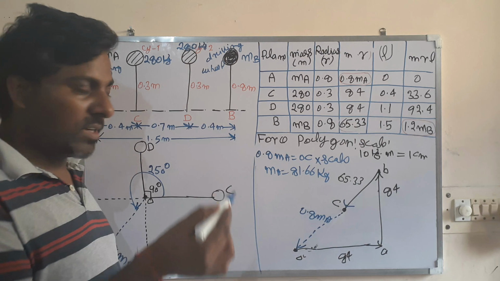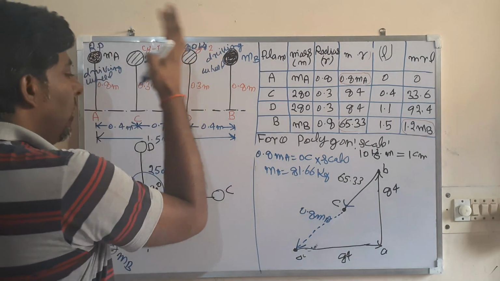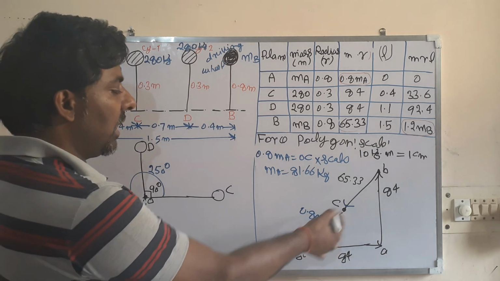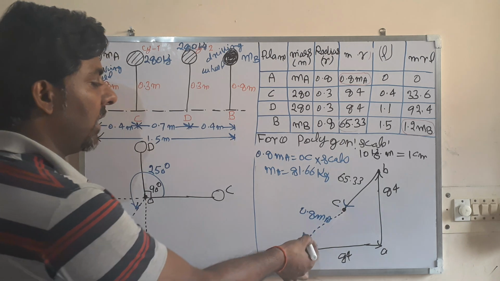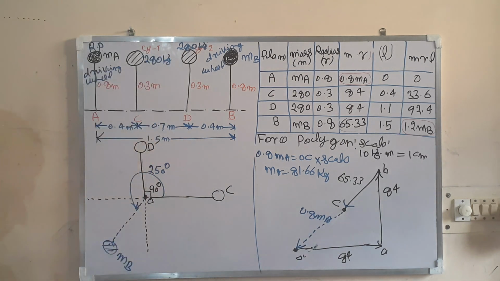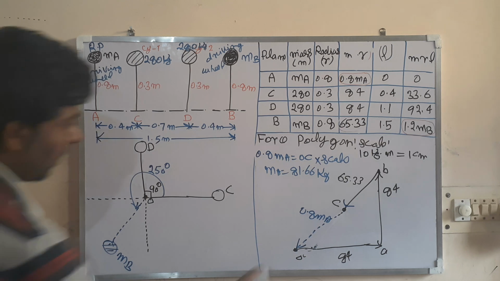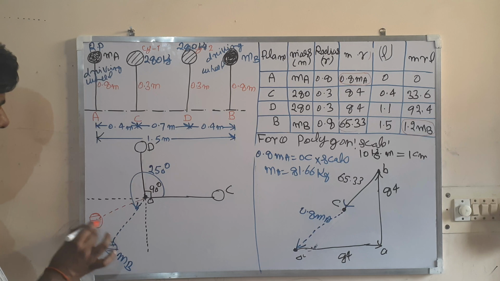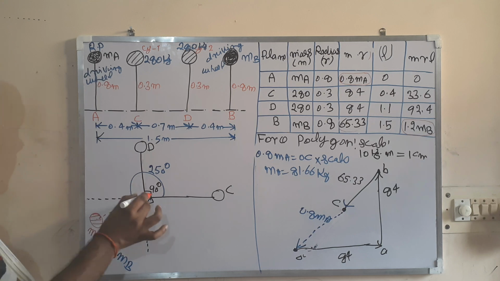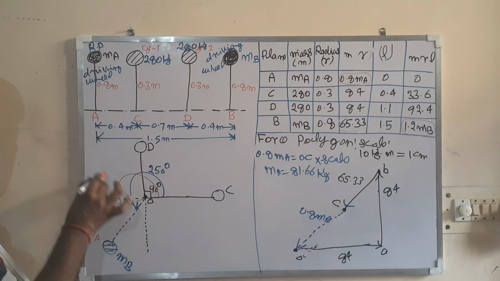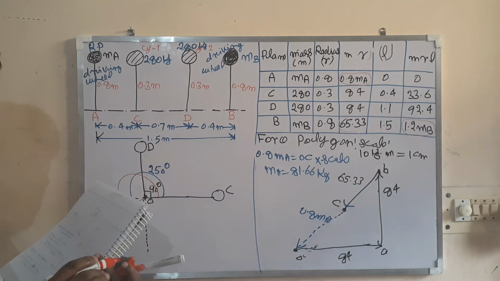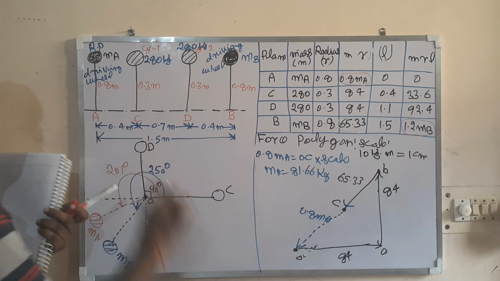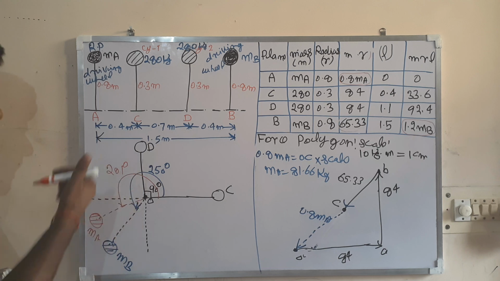Because I know that due to symmetry, the balancing masses in planes A and B will be the same, that is 81.66 kg. But you have got the direction. Already you know the magnitude, but now you have the direction. When you draw a line parallel to this from here, you get this one, the balancing mass A. When you measure this direction, you get 201 degrees by measurement.